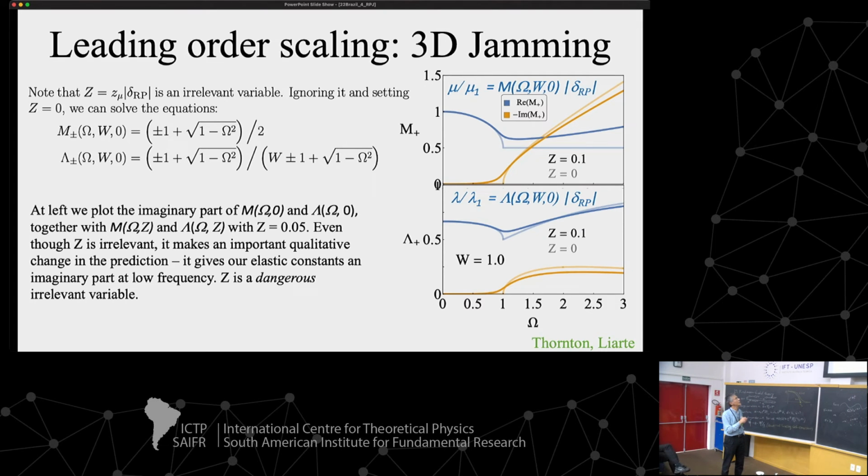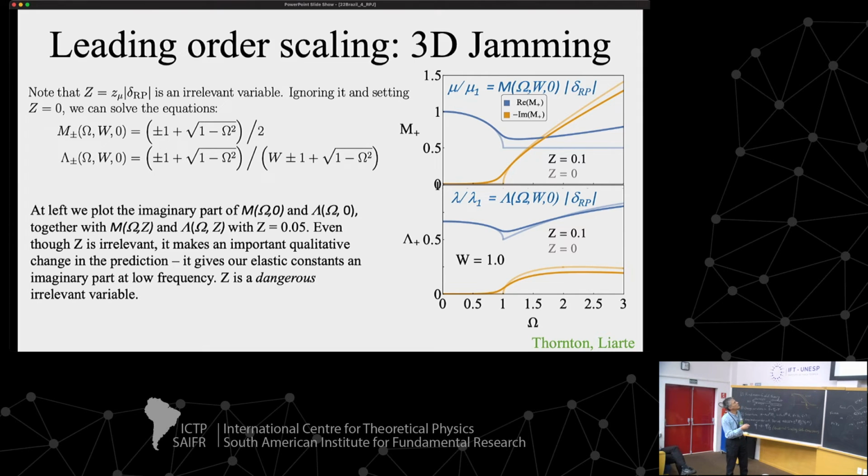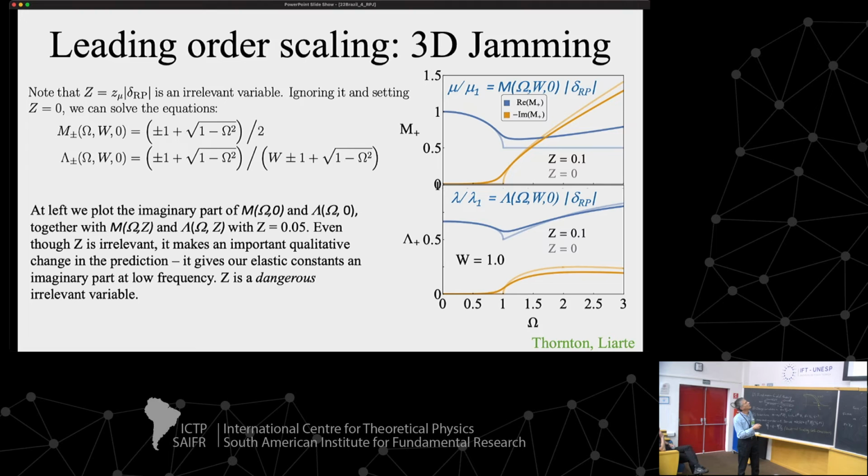I said that z was an irrelevant variable. Tradition is if it's irrelevant, let's set it to 0. And you get these nice equations, and you can actually solve these equations. This is the solution. Here's m, here's lambda, and here's the answer.